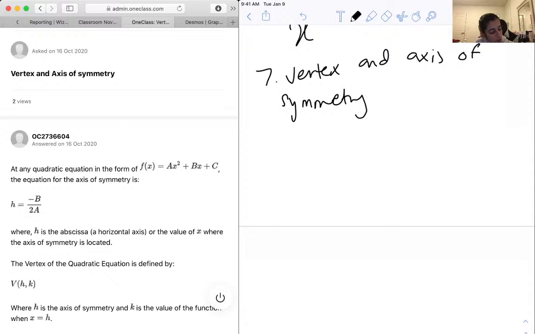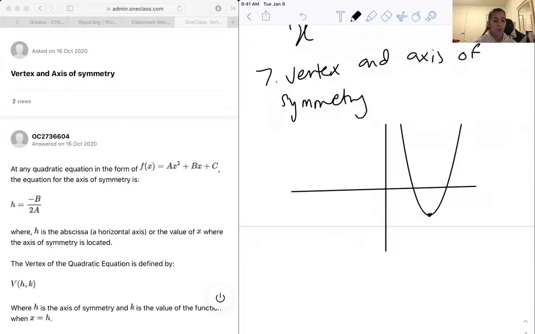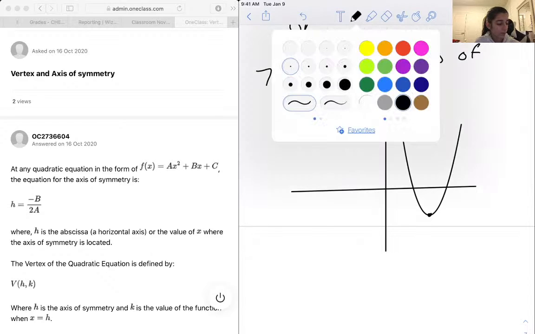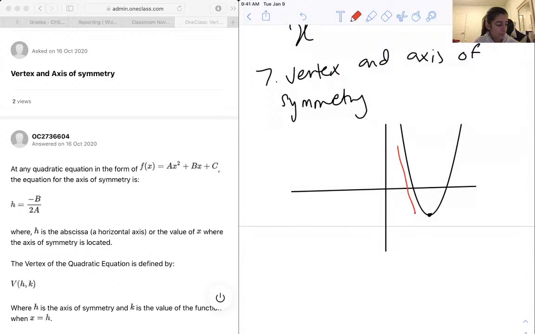I'm just going to draw a graph over here, to point out where it changes. As you can see, it is decreasing on this side, and then it changes to increasing on this side. So that is your vertex.